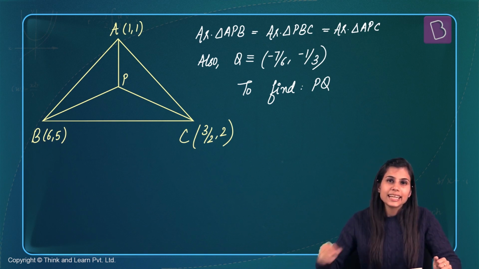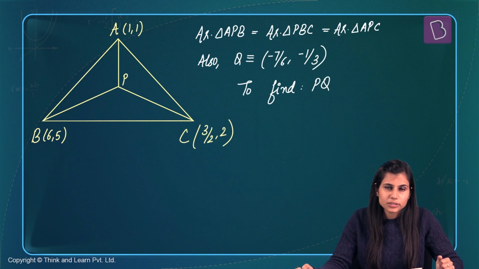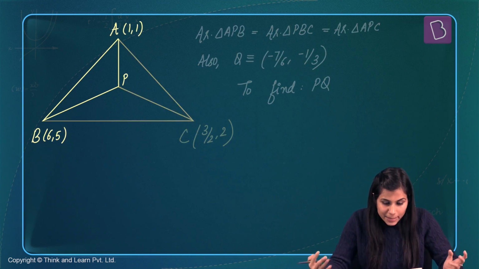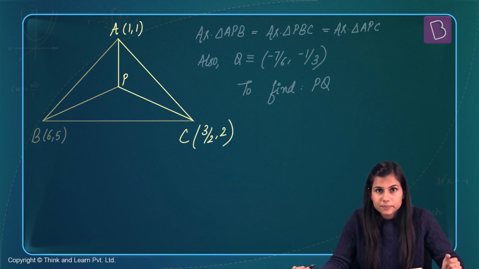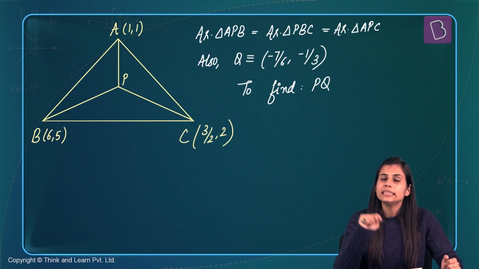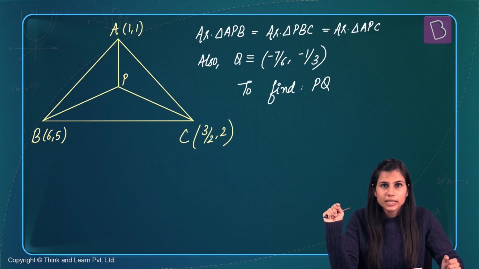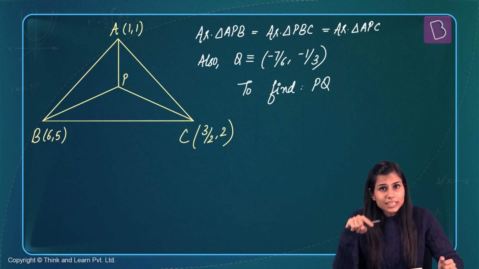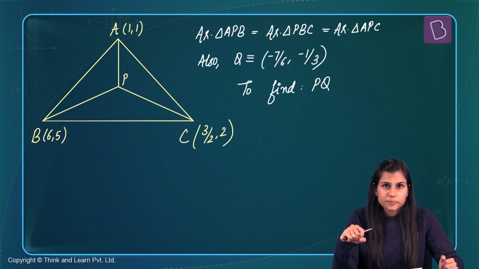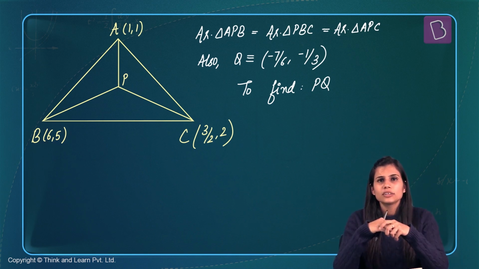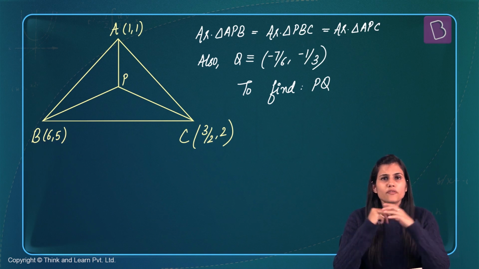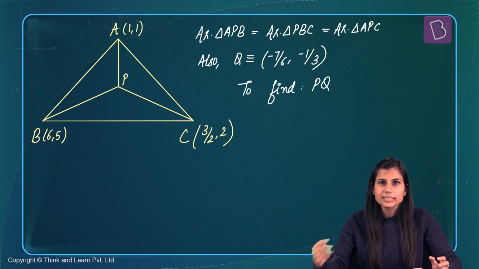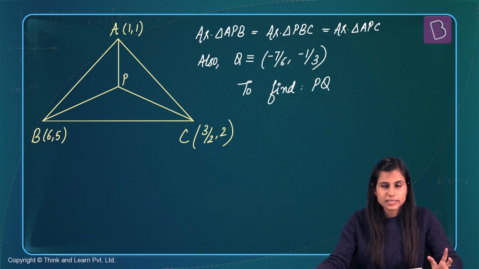Point P is creating the three triangles in the picture, right? Triangle APB, BPC and APC. Of course, P is lying somewhere in the interior of this triangle, for sure, such that the three triangles have equal area. Now, any triangle you take, a point in the interior of it, of course, you get three triangles within that big triangle always.